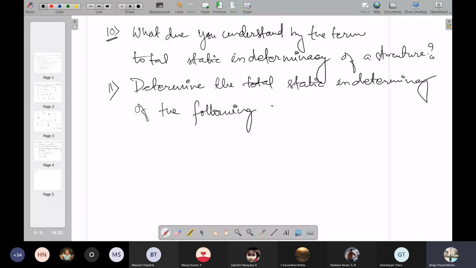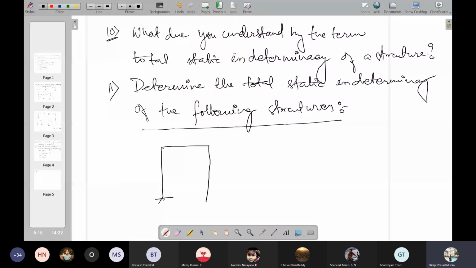Now, what are the structures? The first structure is this one, the frame. Okay. Next, we have a truss here.